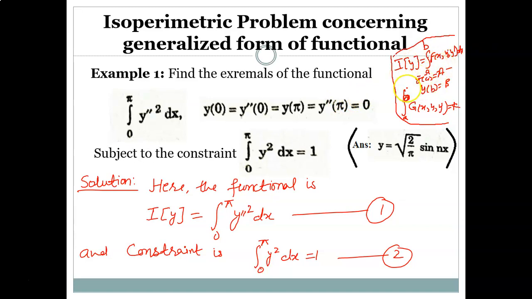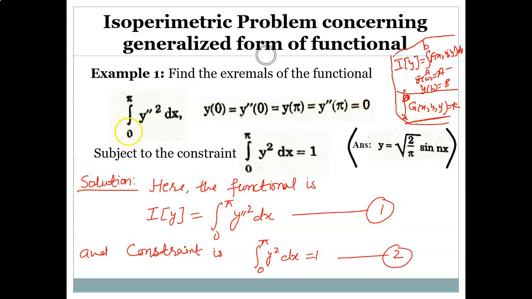So in this case the Euler equation takes a different form. So accordingly this isoperimetric problem also assumes a different methodology of solution.